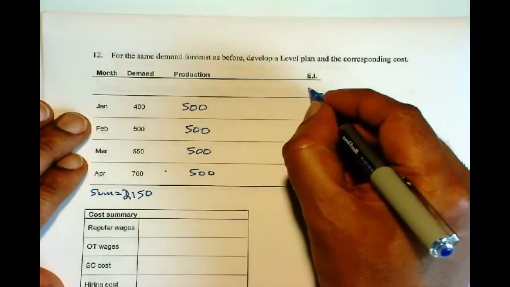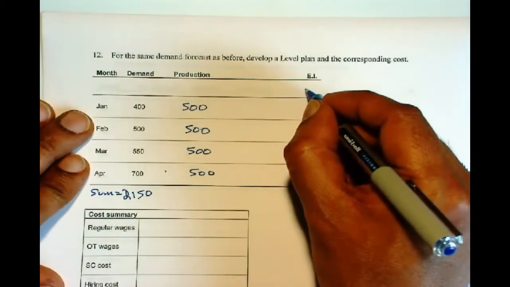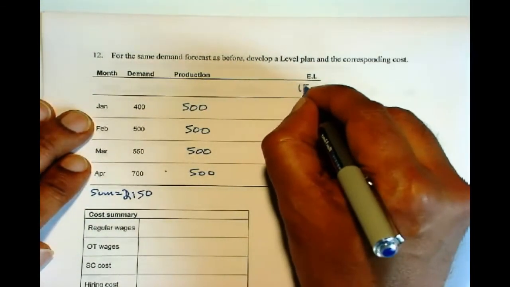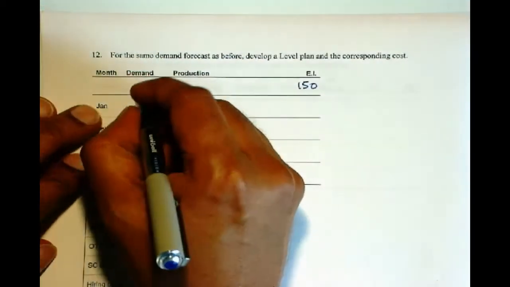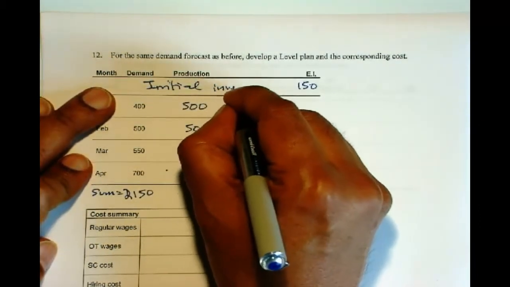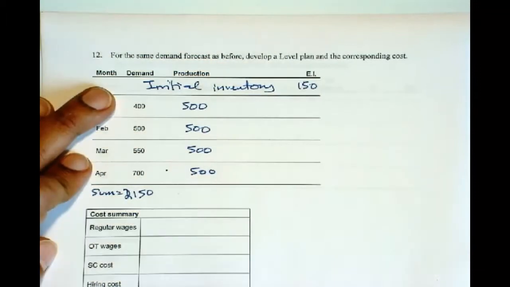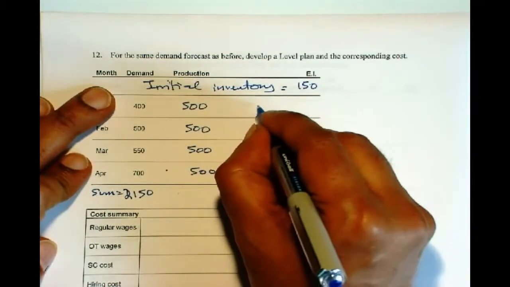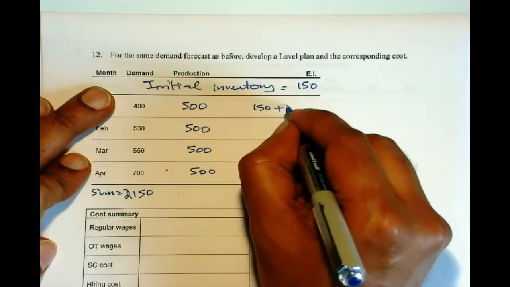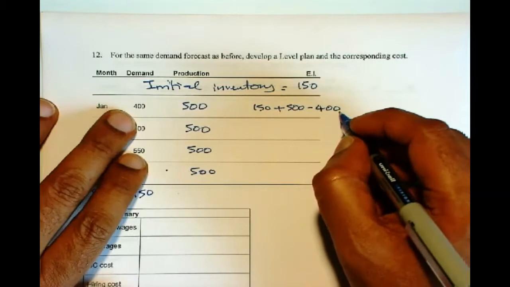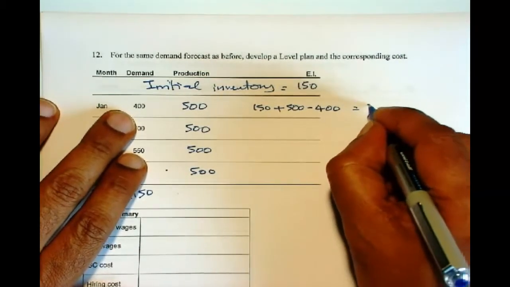So ending inventory, so we have an initial inventory of 150. So that's given initial inventory. So we start with 150, we produce 500, and we consume 400 for demand, so that's 250.